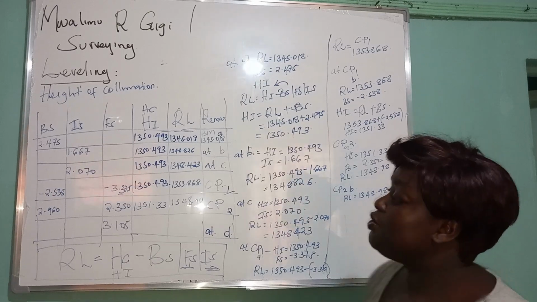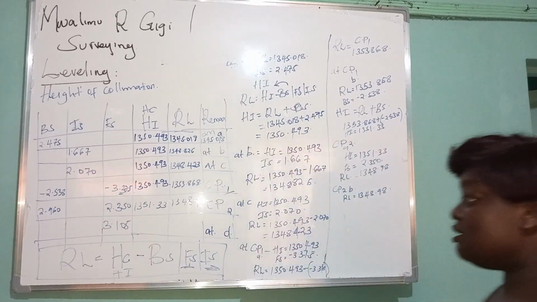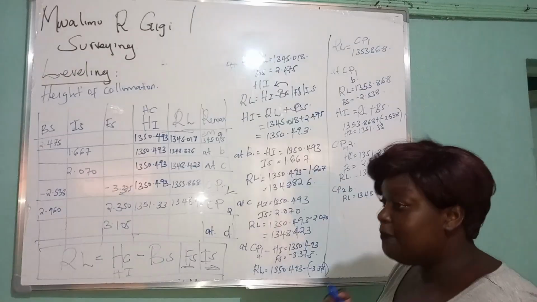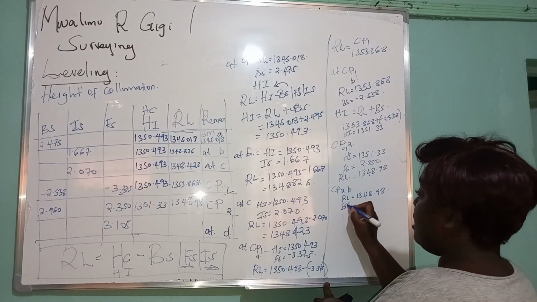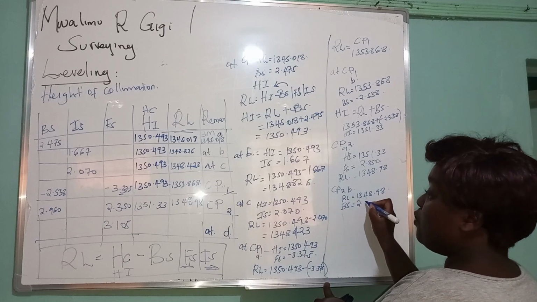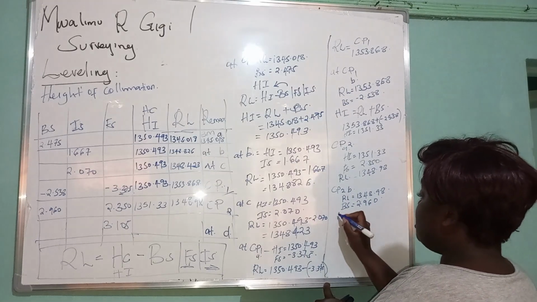So at change point 2B, we have the reduced level as 1348.98, and we also have a backsight. So we want to get the height of instrument. We have the backsight as 2.960.